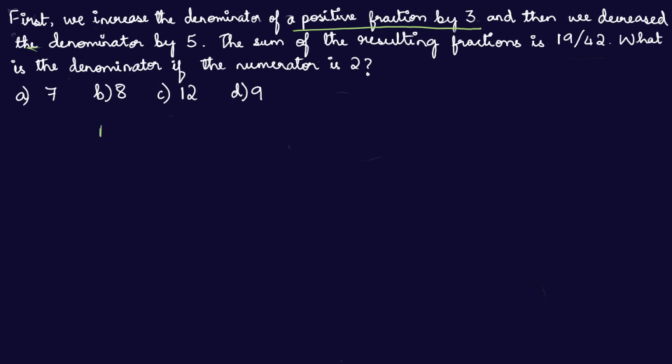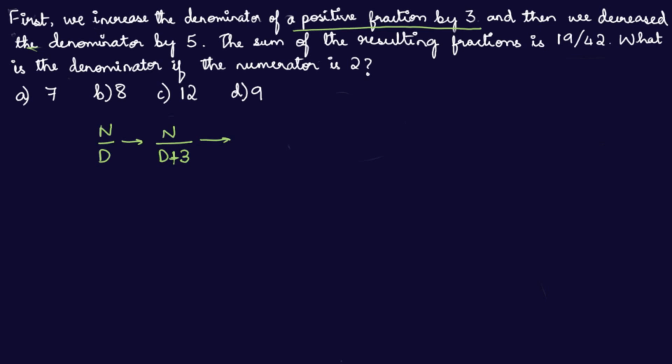There is a positive fraction, I'll write it as numerator by denominator, right? Then I have a condition that I increase the denominator by 3. So the new denominator will be d plus 3.